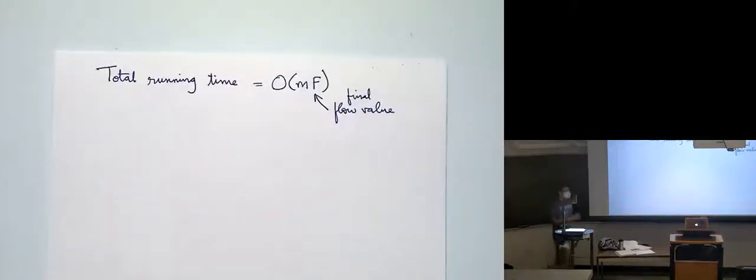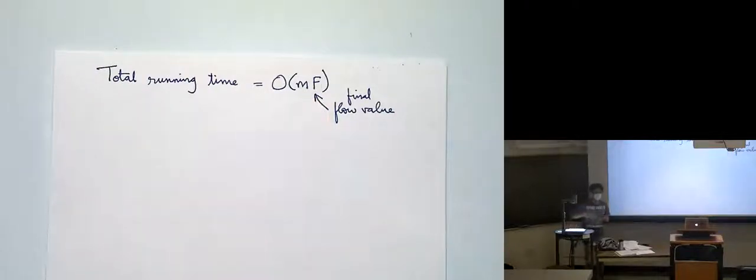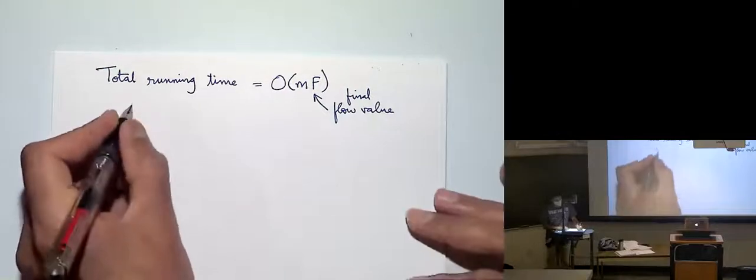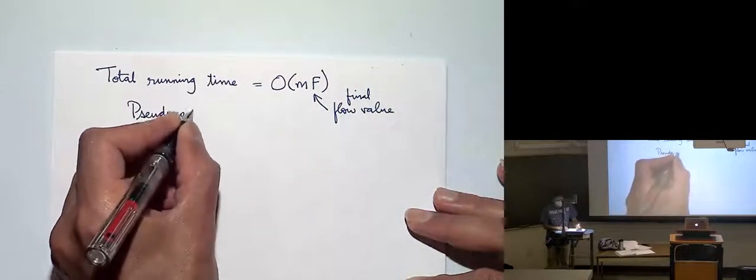This is not a polynomial time algorithm, because f is really exponentially large in the size of the representation of the bits of the capacities. So technically, this would be called pseudo-polynomial.